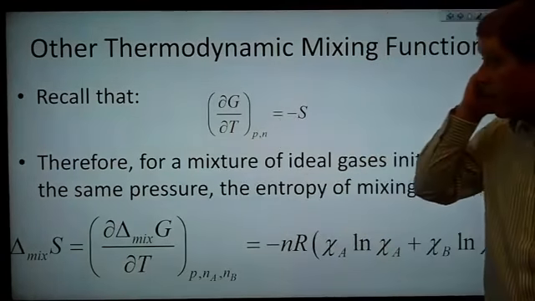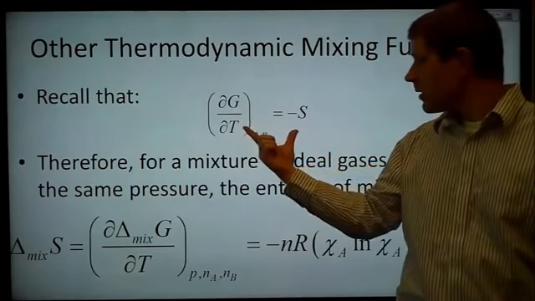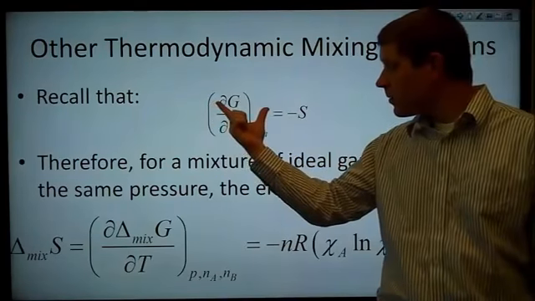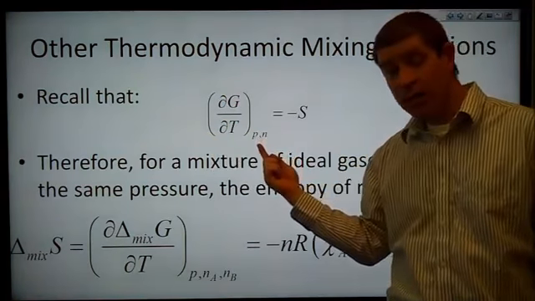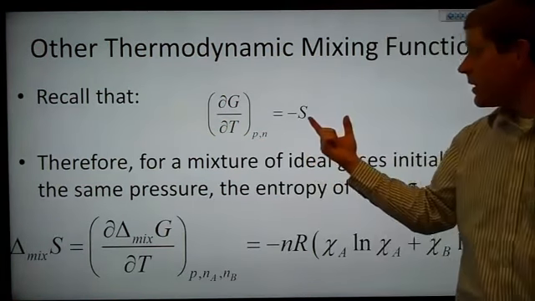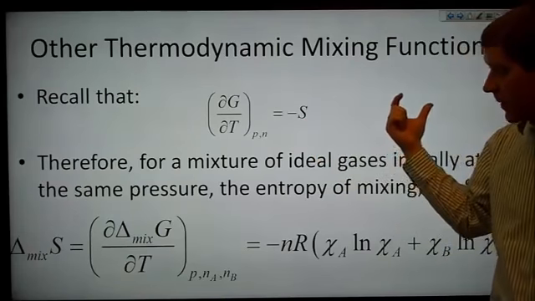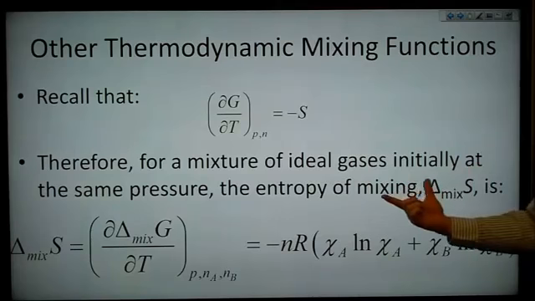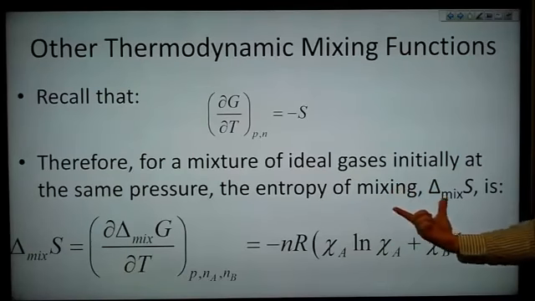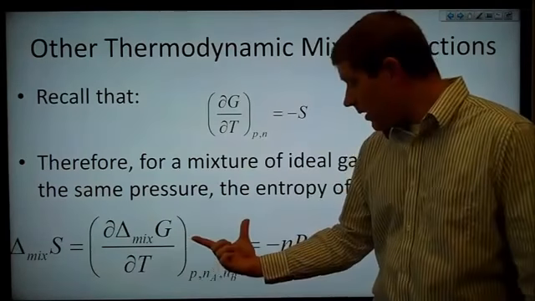Right. So, recall that the partial derivative of Gibbs energy with respect to temperature at constant pressure and number of moles is negative entropy, negative S. And this means that for a mixture of ideal gases, initially at the same pressure, the entropy of mixing, delta mix S, is this.